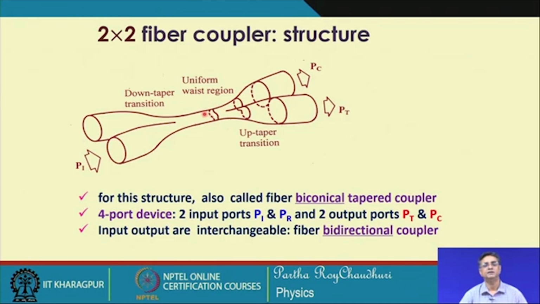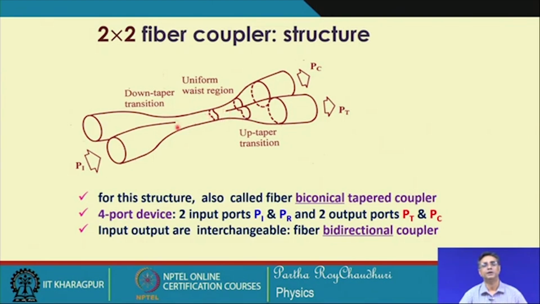The idea is that when the dimension of the individual fibers is reduced, the core radius becomes very small and the cladding also becomes small proportionately. So, it sees a common cladding where the field flares out more and hits the second waveguide.